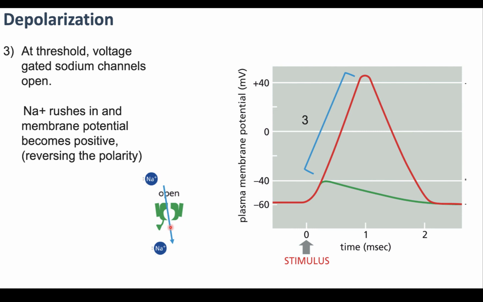This causes a rapid increase in membrane potential and reverses the polarity of the neuron so that the interior of the neuron actually becomes more positive than the extracellular fluid. The positive charge that's coming in with the sodium reverses the polarity of the membrane potential.